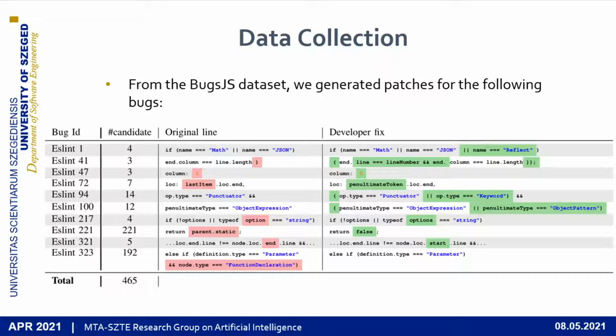On this figure, we can see that for each bug, a number of candidate patches were generated, in total 465. It is apparent that for ESLint 221 and ESLint 323, the number of plausible patches is orders of magnitude more than for any other. This phenomenon might be a good example of a weak test suite, or the fix itself is an easy one.